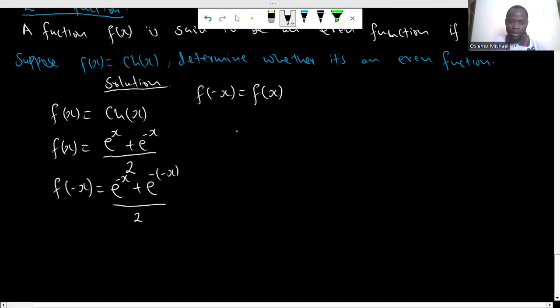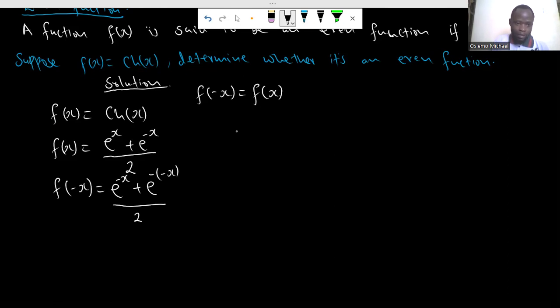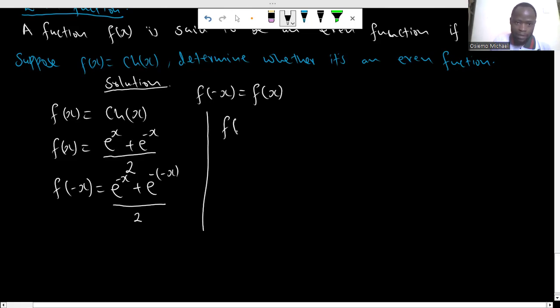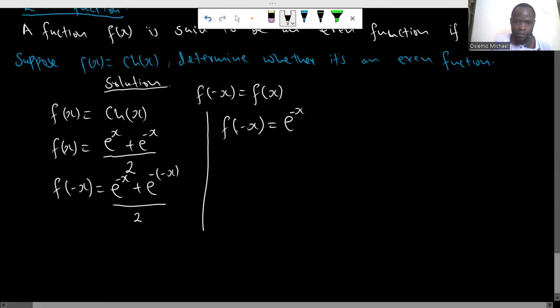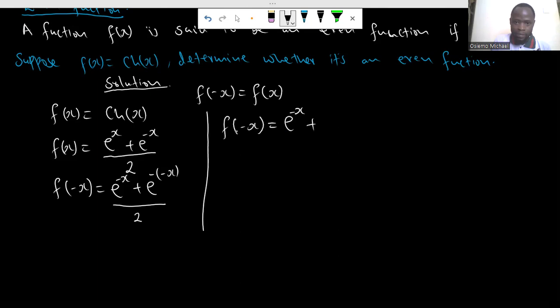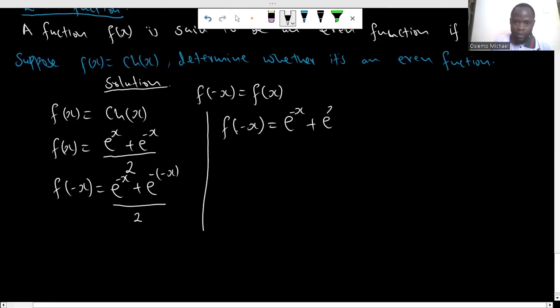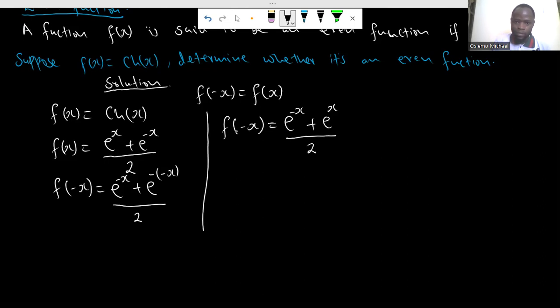In the denominator, I don't have an x, and that is why it's not affected by the way we are evaluating. So we're going to have f at negative x is equal to exponential negative x plus exponential x over 2.